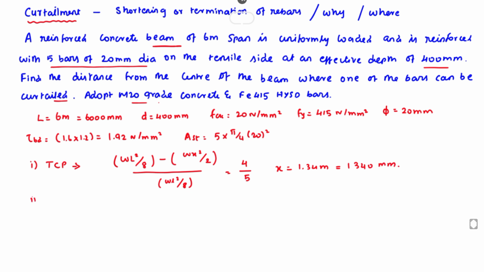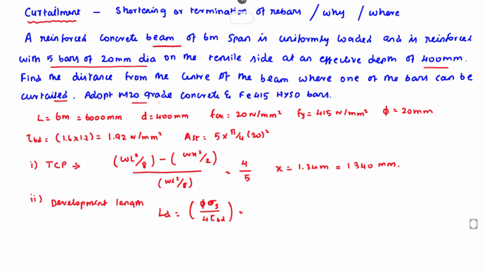Now we can find the development length for the maximum tension at the center for Fe415 HYSD steel bars. So Ld equals phi into sigma s divided by 4 into tau bd.